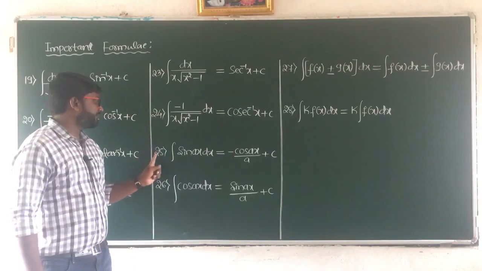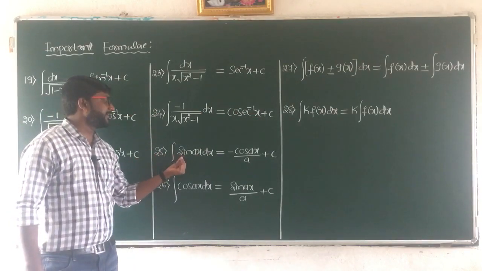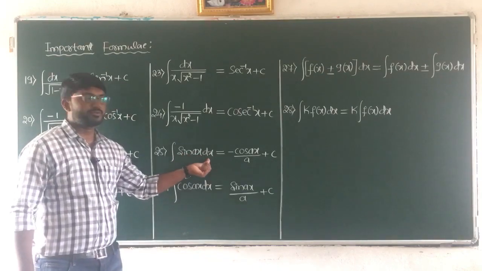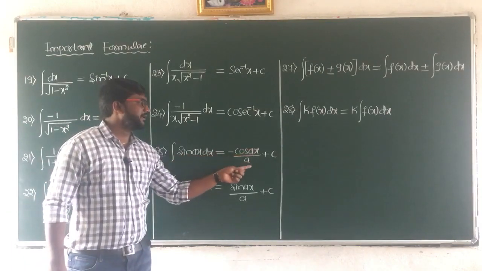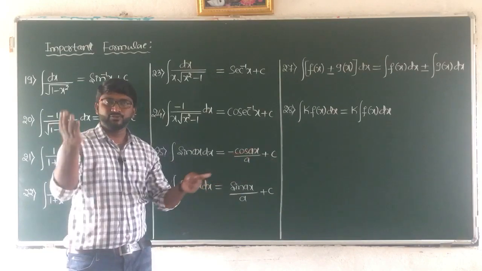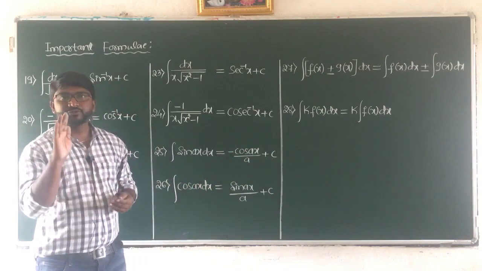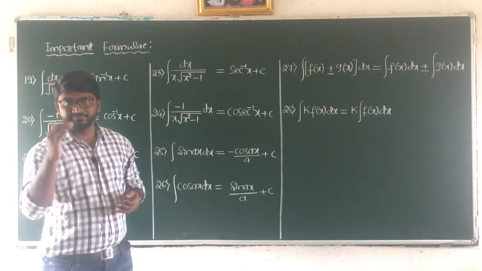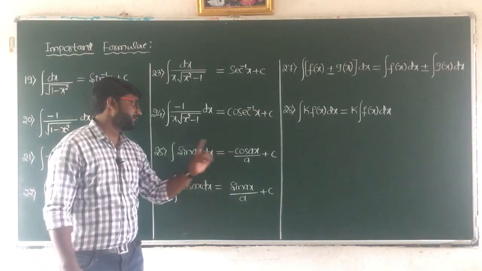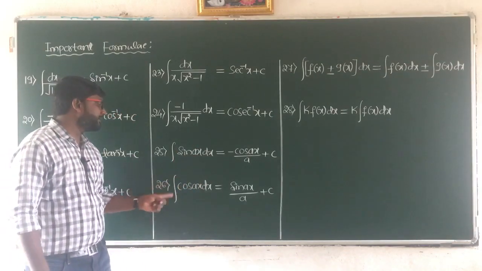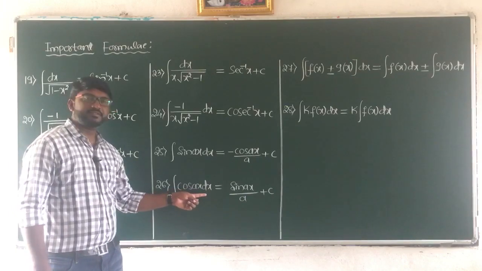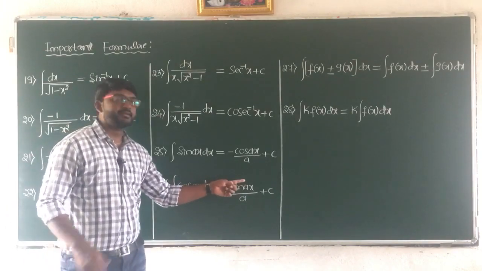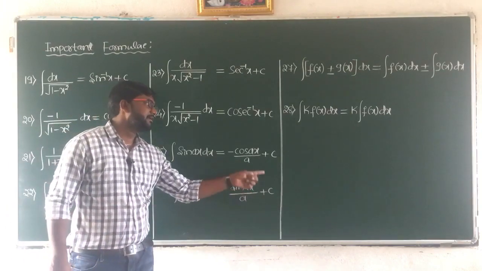And the 25th, integral sin ax dx equals minus cos ax by a plus c. In differentiation we used to multiply by the constant, and here we have to divide by the constant. Then the 26th, integral cos ax dx equals sin ax divided by a plus c, where a is any constant.